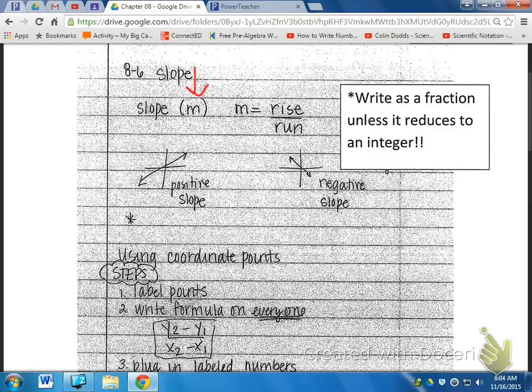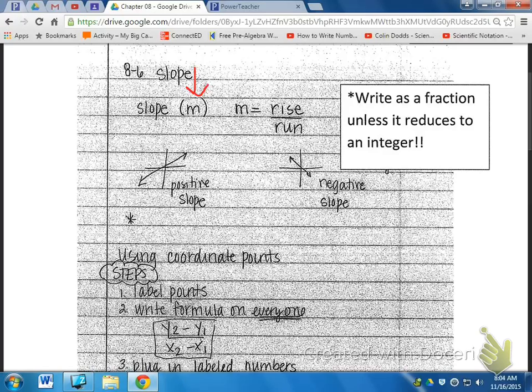So if you had something like 10 over 5, you would just say the slope is 2. But if you had something like 10 over 4, you would say, okay, that reduces to 5 over 2, but that's not a whole number or integer, so you would just leave it 5 over 2. So slope is generally a fraction because you want the rise over the run.